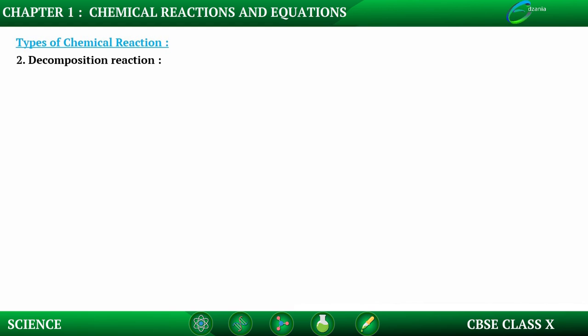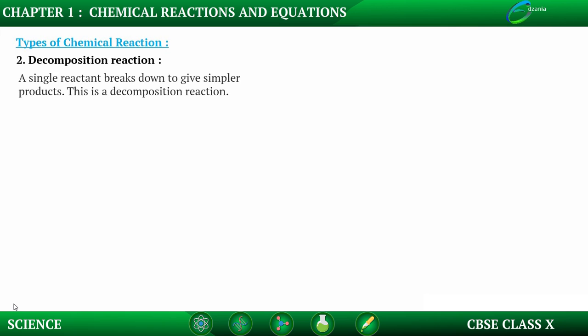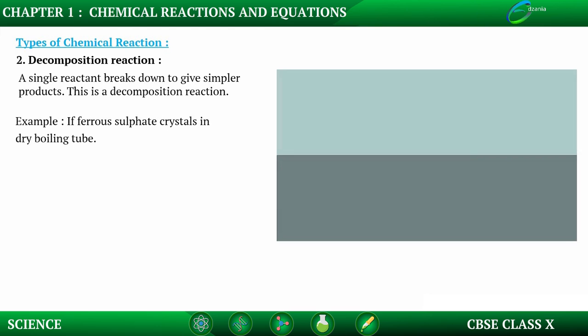Decomposition reaction. As the name suggests, a single reactant breaks down to give simpler products. This is a decomposition reaction. For example, if ferrous sulfate crystals are taken in a dry boiling tube, let us do an experiment to know what happens.